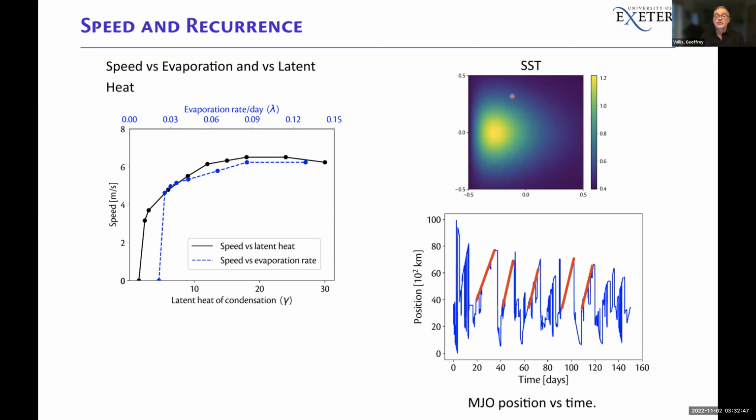And it also turns out that if you mimic the conditions in the Pacific a little bit by making the sea surface temperature larger, or the evaporation rate larger in the eastern part of the domain, the storm will always form here and then move off eastwards to where it's cold, and you get less evaporation here, and they will die out. And then it will form again here, again move off to the right.